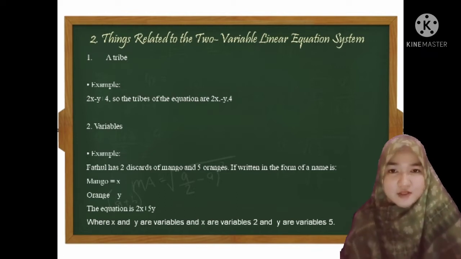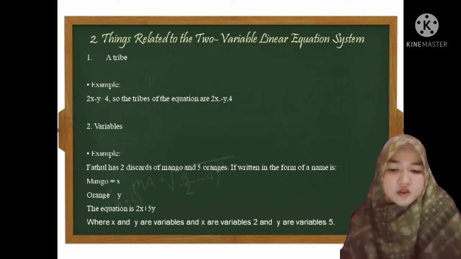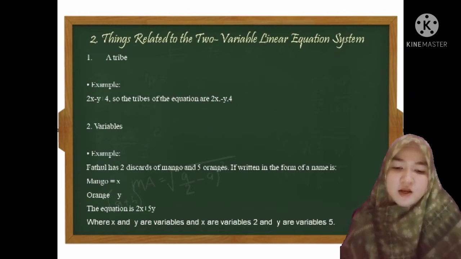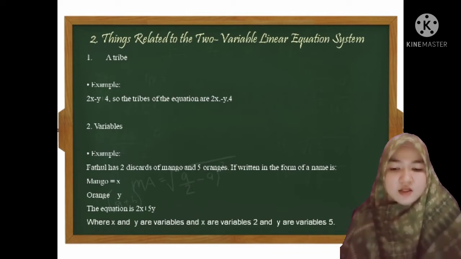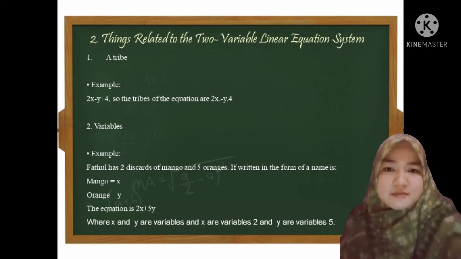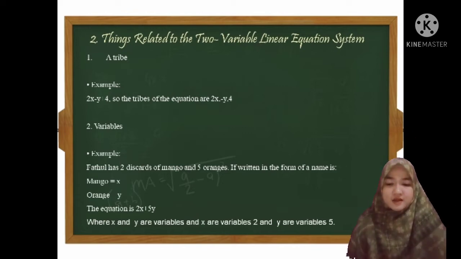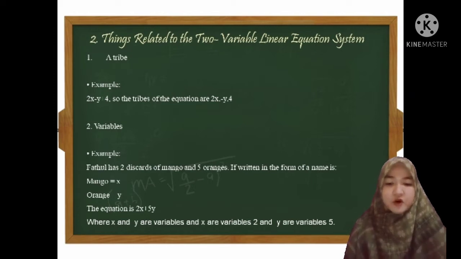2. A variable is a substitute for a number that is usually denoted by letters such as x and y. Example: Fathul has 2 mangoes and 5 oranges.